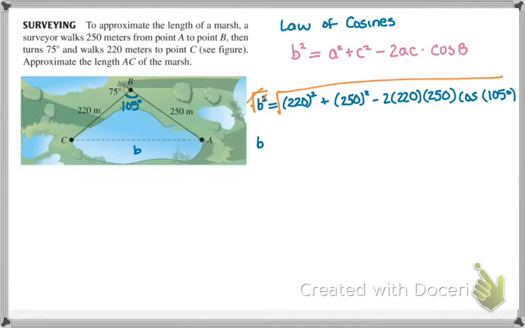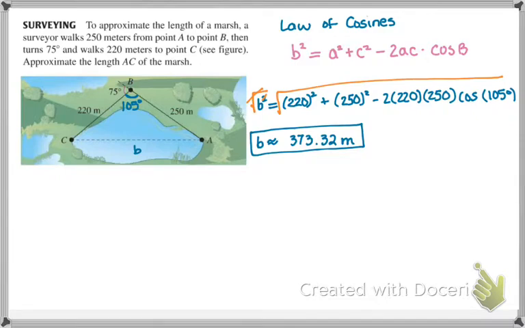So if you type that into your calculator, careful of your parentheses, make sure all your parentheses and exponents are in the right place. And it comes out that B is roughly 373.32 meters if we round to the nearest hundredth. And that is the length of AC that I'm looking for using law of cosines.